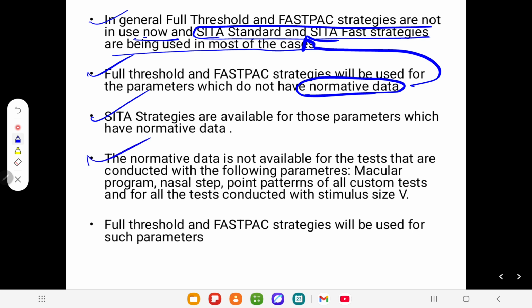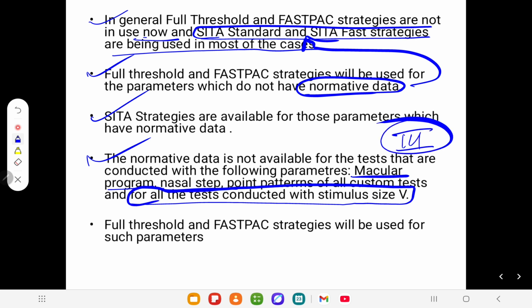Normative data is not available for tests conducted with certain parameters: the macular program has no normal data, nasal step has no normal data, and the point pattern as well, and for all tests conducted with size 5, because we normally use standard size 3. If you use Goldmann size 5, then there is no normal data in the case of SITA.